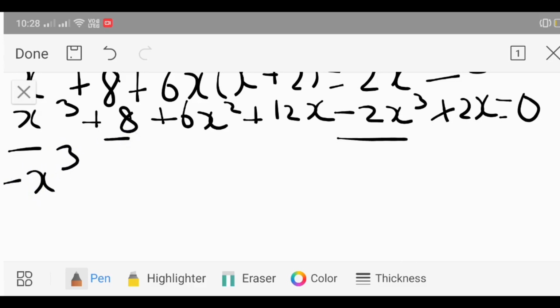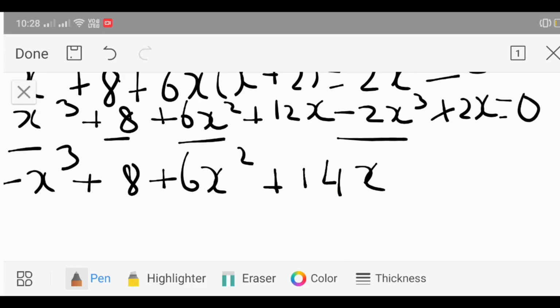Plus 8, we have only one number. Now plus 6x²; the x² term also we have only one. Now 12x plus 2x is 14x.